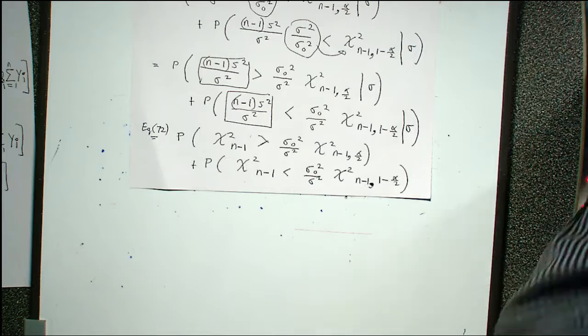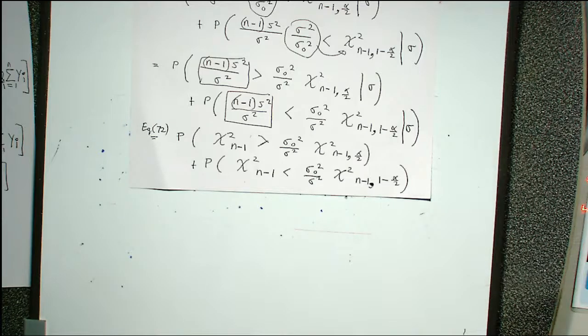Okay. So over here, you can leave it like this and you get full marks, but if you like, you can simplify, well, not simplify really, you can just write it in a neater form.